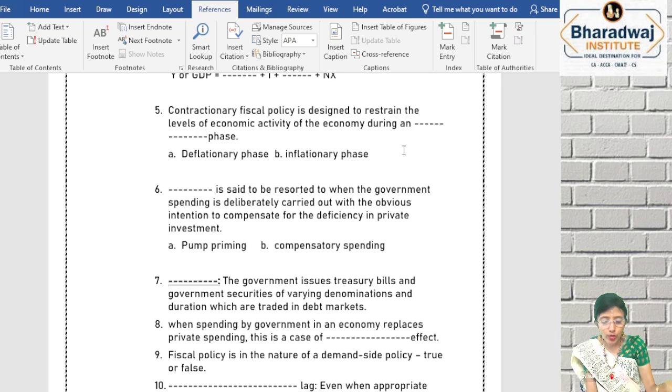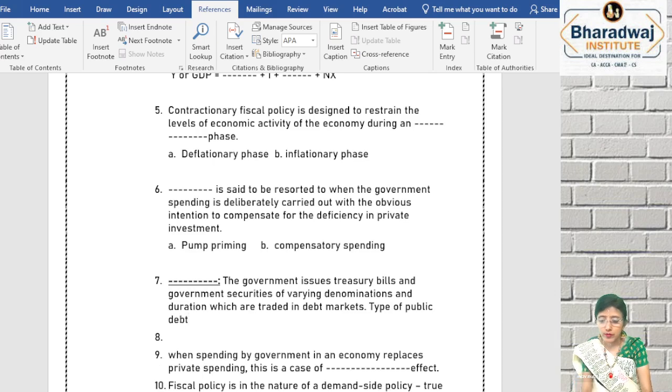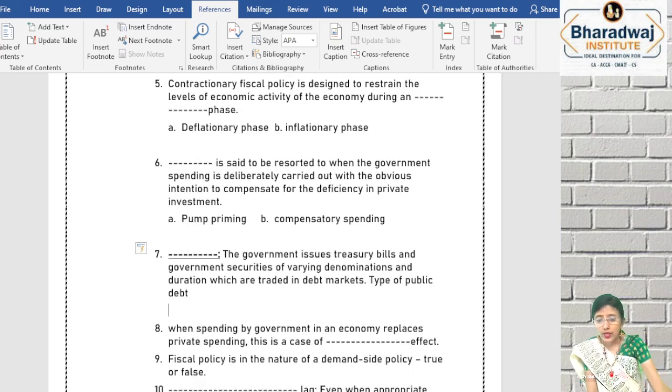Now, here you have to find out the type of public debt which is given there in this example. The government issues treasury bills and government securities of various denominations and durations which are traded in the debt market. You have to write the type of public debt.